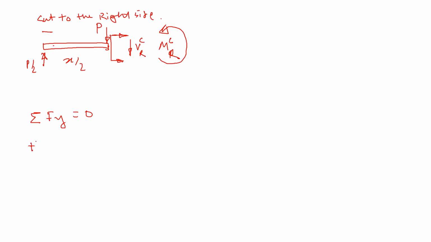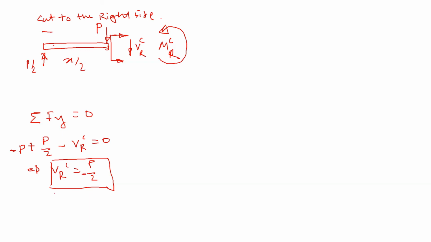So P by 2 positive minus V_CR, that is negative. We actually got this P downwards, negative. We didn't consider that, so consider that. So minus P downwards. If you do that, that's going to be negative P by 2, so V_CR will come out negative.